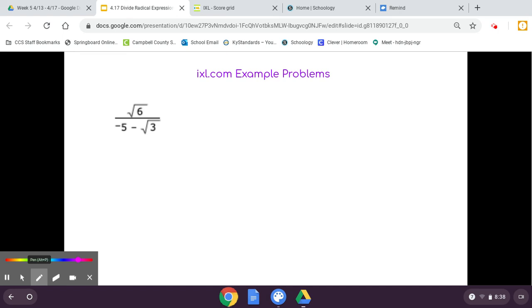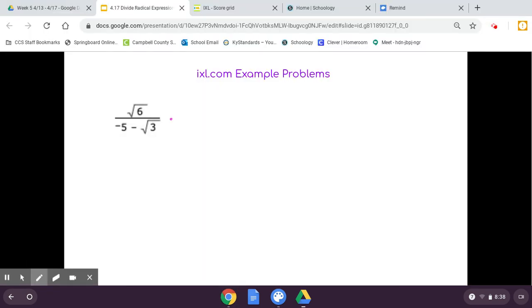All right, last problem here that I'm going to do with you. So this time it's different because we have a radical on the top and we haven't seen that before. So, sorry guys. All right, so we're going to go ahead and multiply by the denominator. So negative 5 plus square root of 3. Negative 5 plus square root of 3.